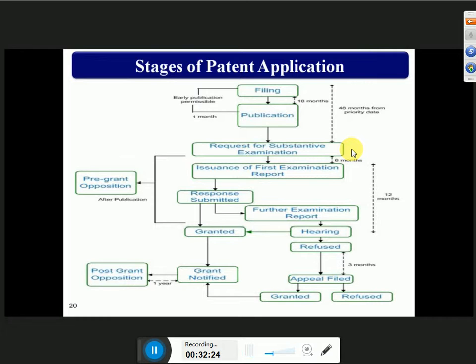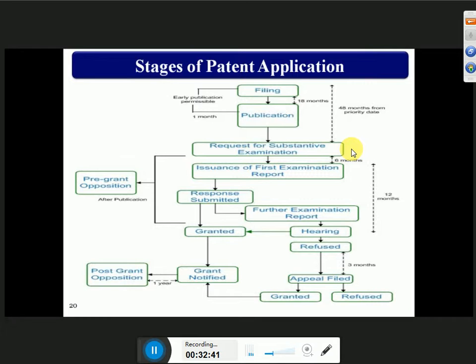So suppose there is no pre-grant opposition and I am granted the patent for 20 years after the examination report has been successfully done, and after it is granted, that grant is notified to me.